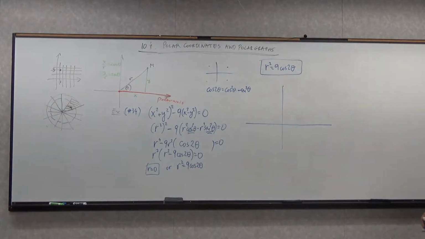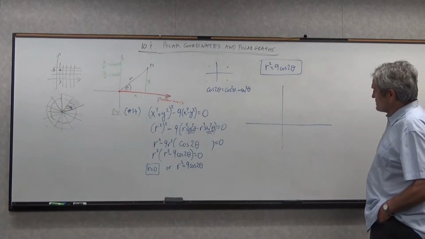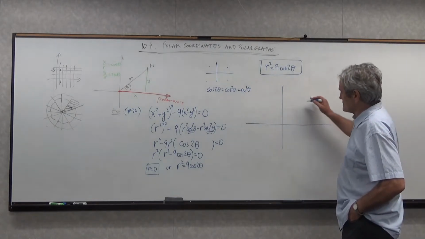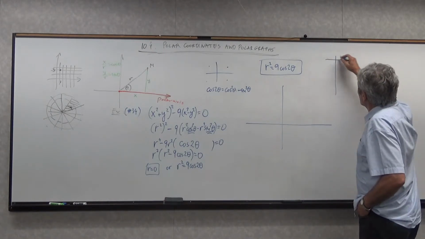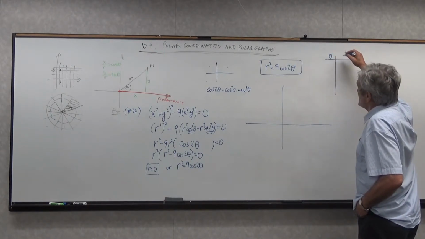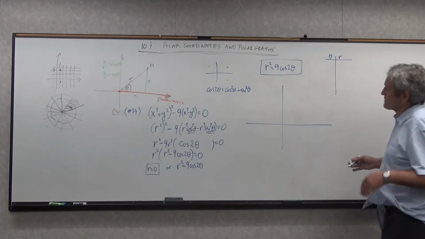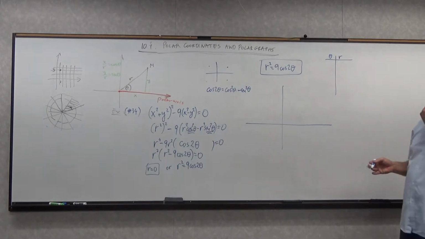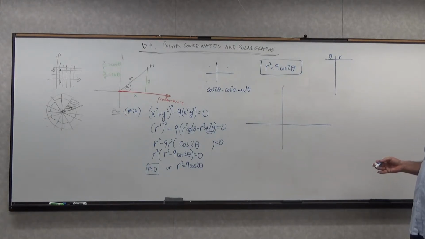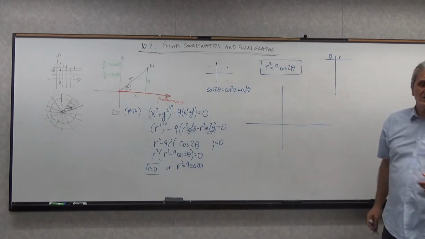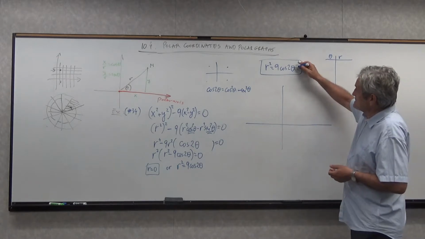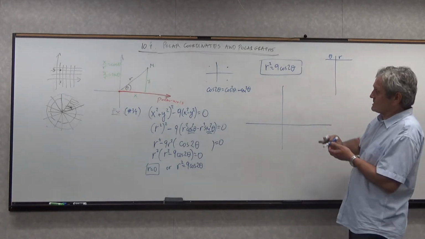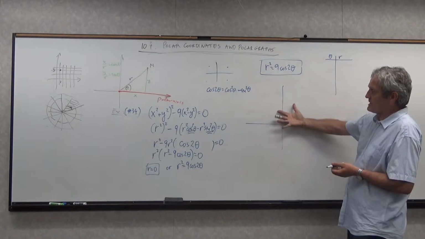Generally, when we draw, I imagine all those sectors here, and I plug in some values. I plug in theta, and then I'll get r. A little comment: when I see a function that has exclusively cosine, since cosine is an even function, when I replace theta with negative theta, my curve looks the same. So that tells me it looks the same up and down.